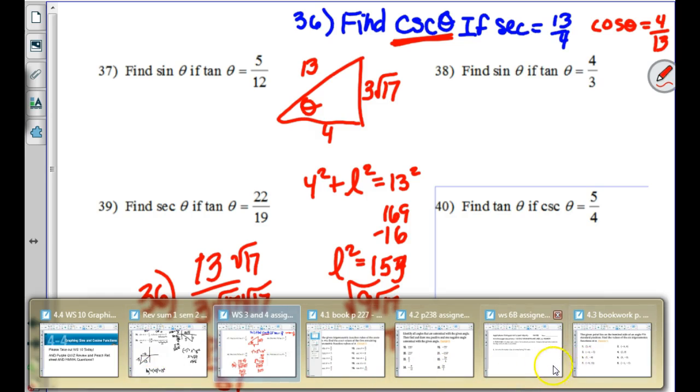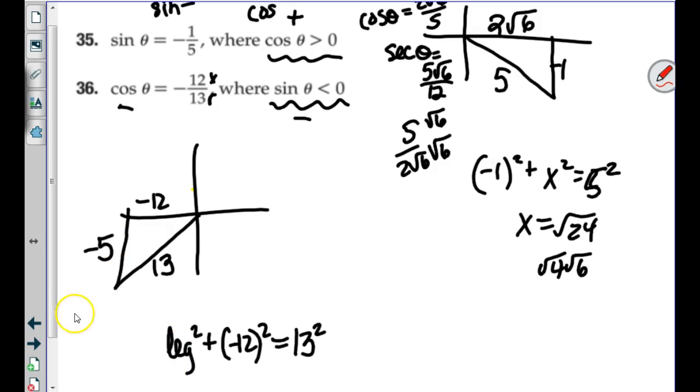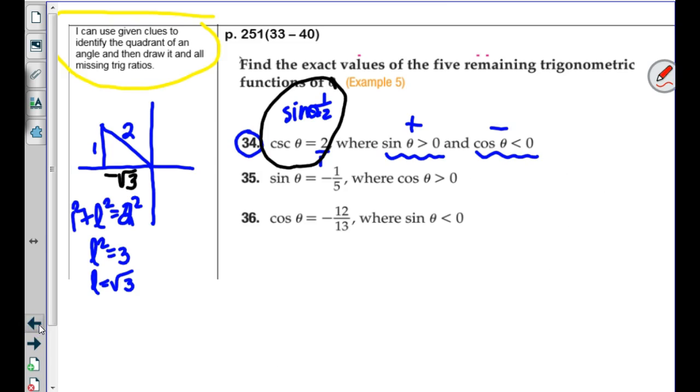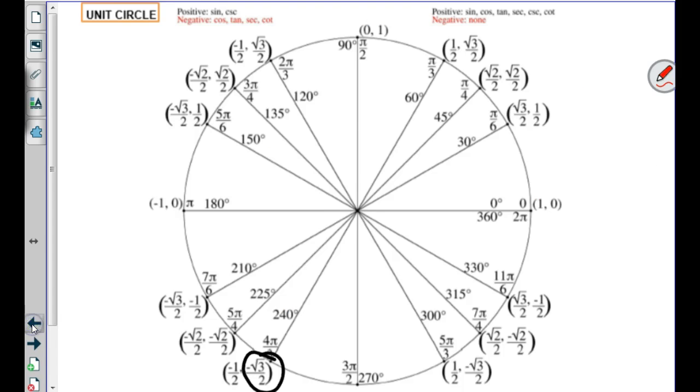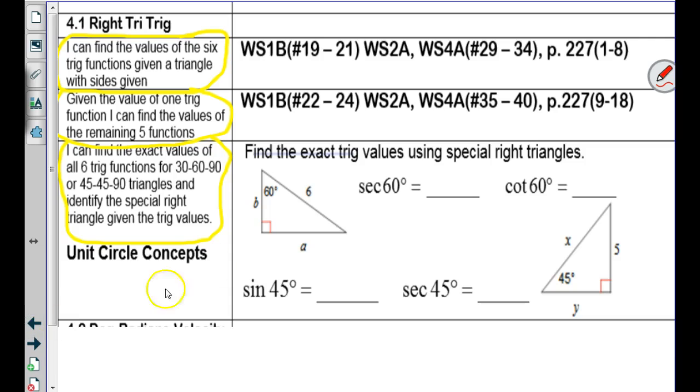Do you want me to at least do the one that's on the review? Which one's this one? No, we did those. These are, you could actually use your unit circle, but you didn't hear that from me, okay? You could find the secant of 60 or the cotangent of 60 using your unit circle and you'd get the same answer.